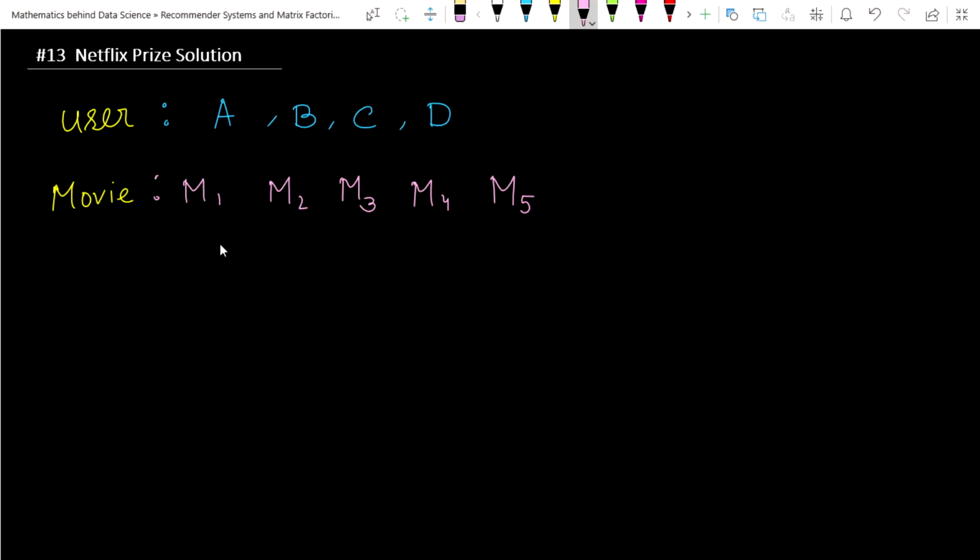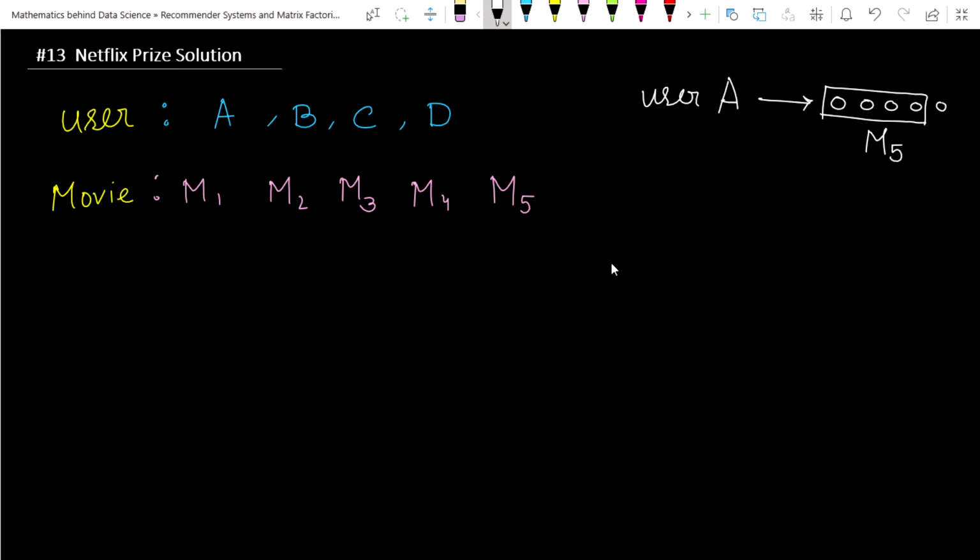Then we will extend this concept to the large amount of data. So first, suppose user A gives some rating on some movie. Actually, we have seen there are ratings from 1 to 5 stars. Suppose user A gives 4 stars on movie M5.